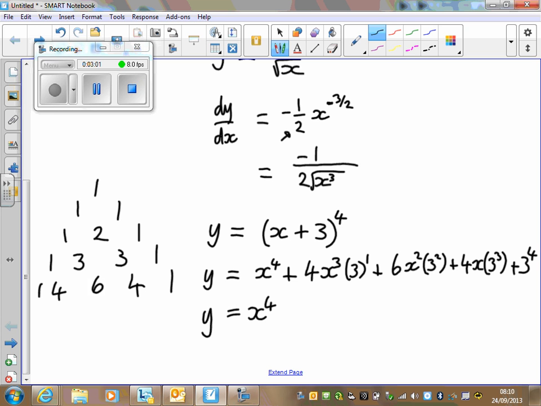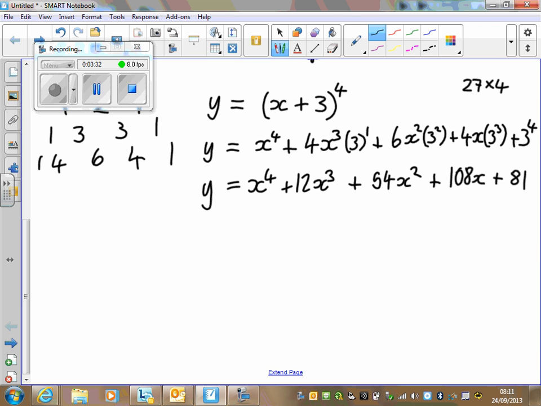If we simplify, x to the power of 4 plus 12x cubed plus 54x squared plus, 27 times 4 is 108, x plus 81.